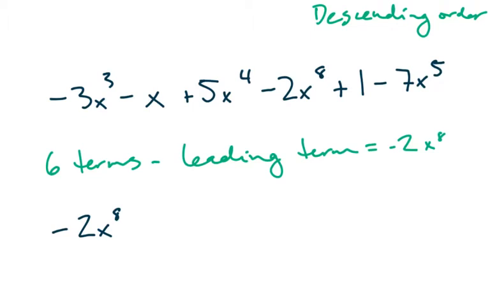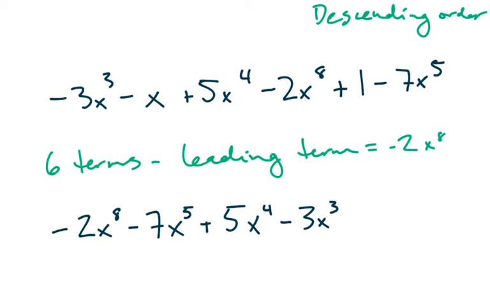So I'm going to write -7x to the 5th power. And then here I have to the 4th, and it's plus 5x to the 4th. So I'm going to write plus 5x to the 4th. And then I have to the 3rd, so minus 3x to the 3rd.